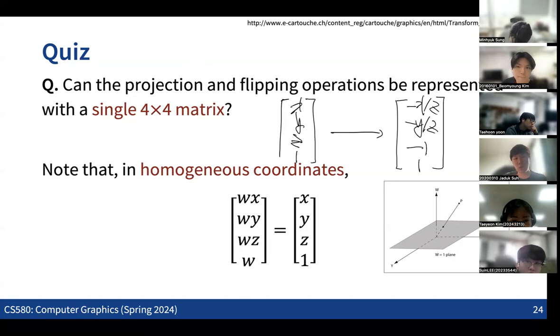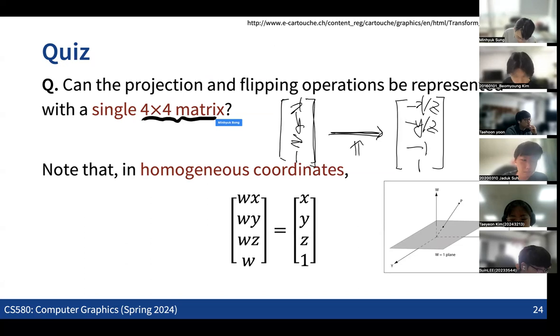The question is how to represent this mapping operation. It can be represented as a single 4 by 4 matrix if we utilize the properties of homogeneous coordinates.